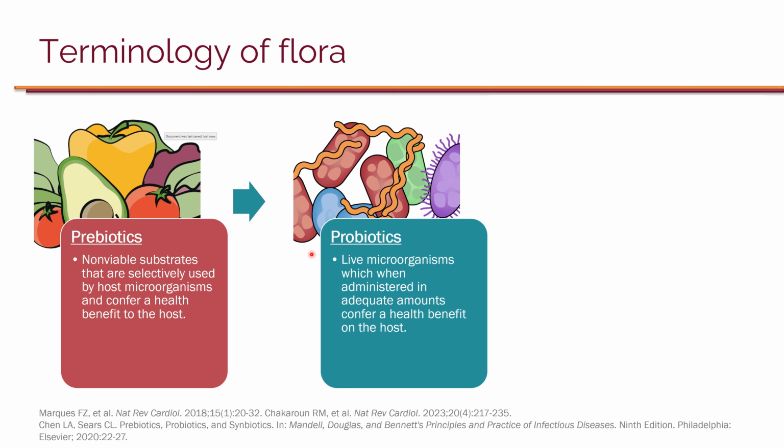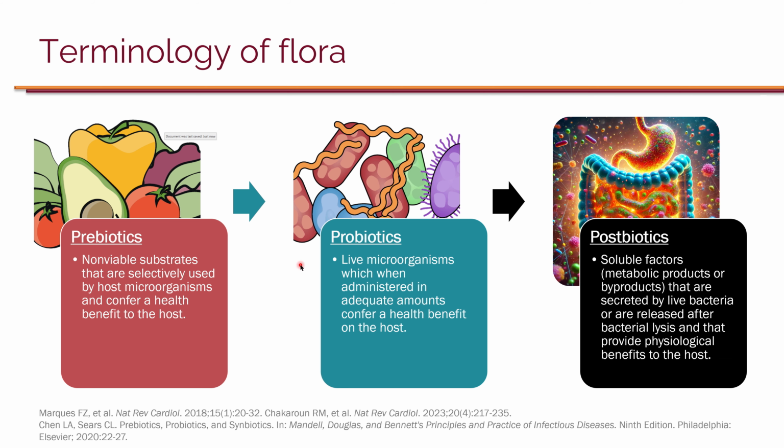And probiotics could be part of food, but also could be available as pharmaceutical products. And last but not least, there is the concept of postbiotics, and this is essentially the byproducts made by these probiotics that confer the health benefit. So essentially, if we think that probiotics are good for you, the mechanism by which they are good for you could be pathways that are activated by some of these postbiotics.